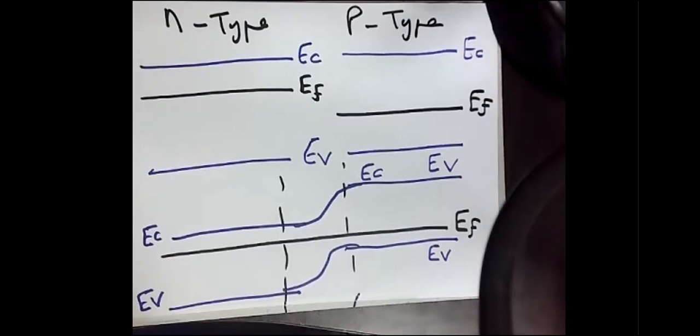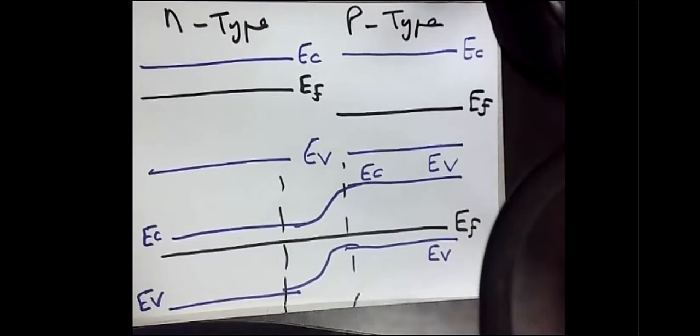And if you remember, we said that this tilting is a sign of a potential, a sign of an electrical field. When we studied the drift current together, we said that whenever you apply a potential to an energy band diagram, the diagram is going to be tilted.